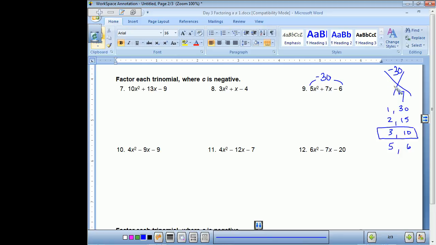So the 10 needs to be positive, and the 3 needs to be negative. 10 times negative 3 is negative 30. 10 minus 3 is 7. Okay, so when it's negative, you just know you have opposite signs. So we're going to split this, still bring down the first one, split this to 10x and minus 3.